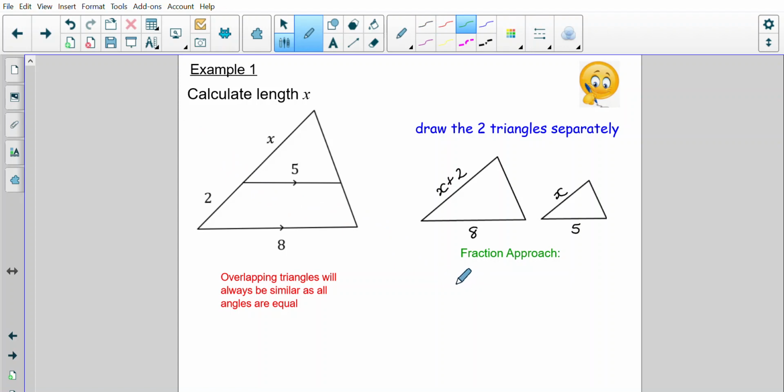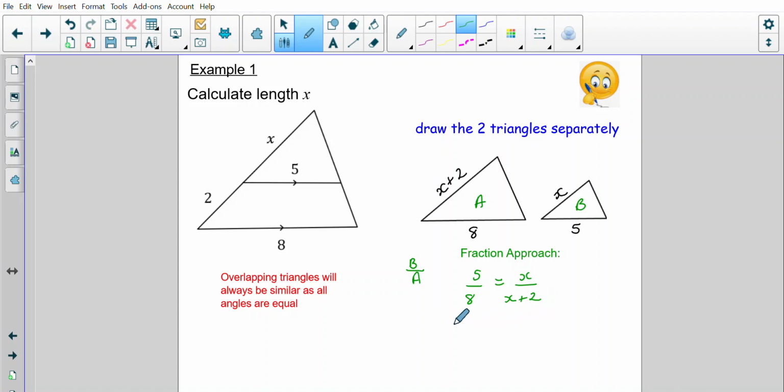So the fraction approach tells me that I can equate, let's call this triangle A and this one triangle B, fractions with lengths in triangle B divided by lengths in triangle A. So I can say that 5 over 8 is equal to x over x plus 2.